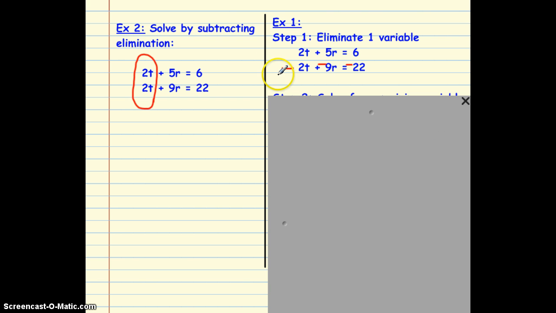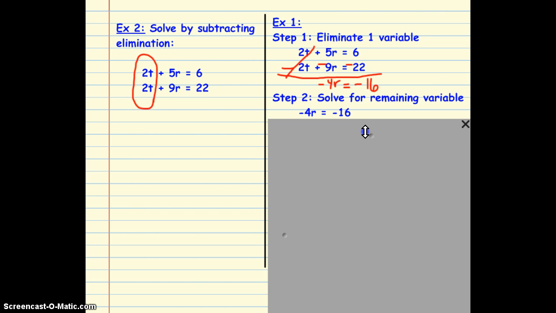So when we go ahead and subtract, again, up and down, 2t minus 2t, those are eliminated. Then we have 5r minus 9r, which gives us a negative 4r. And 6 minus 22 gives us a negative 16. We have eliminated one of the variables.